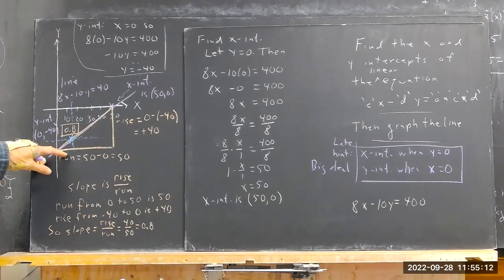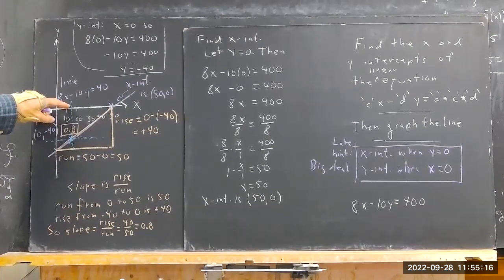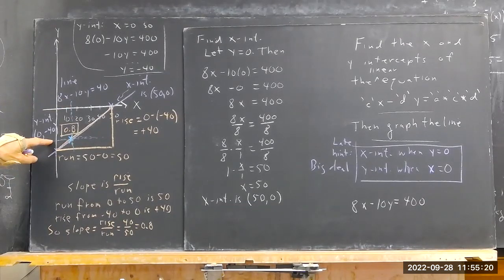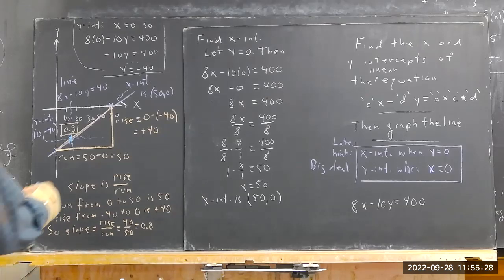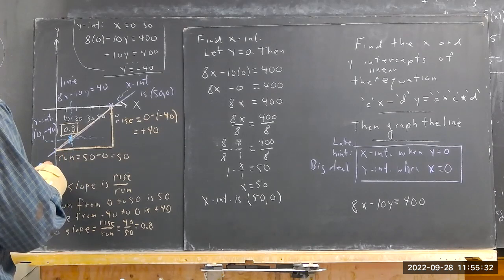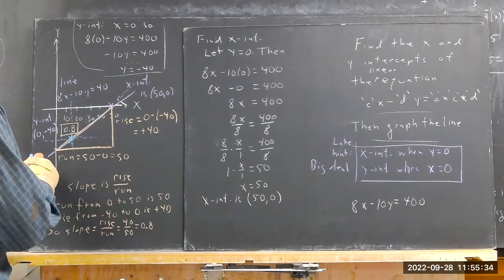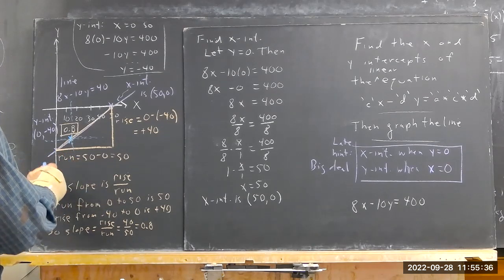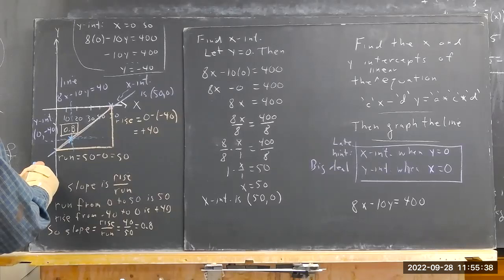But the y coordinate here, we're a lot closer to -40 than we are to 0, right? So a lot of you estimated -30, and that's pretty much what it looks like to me too. So what do I label this?